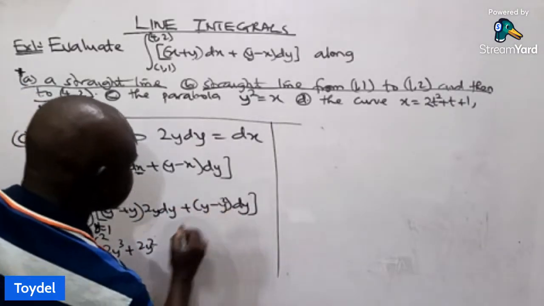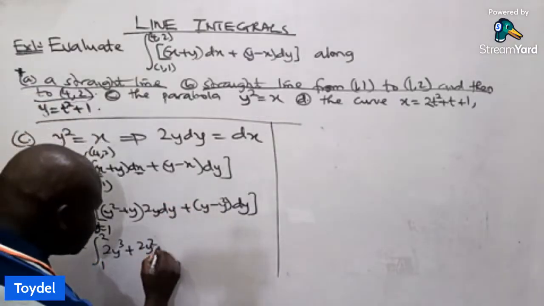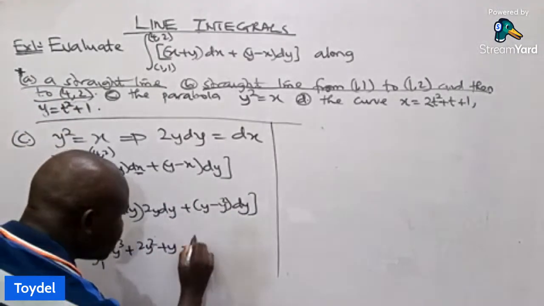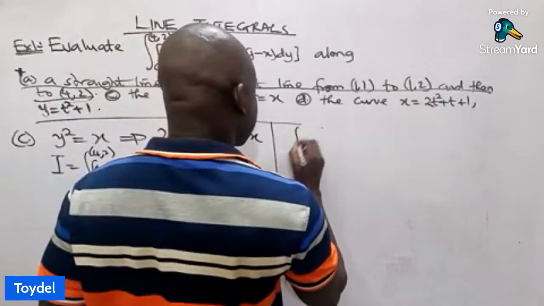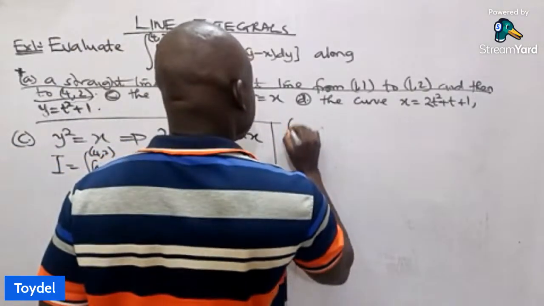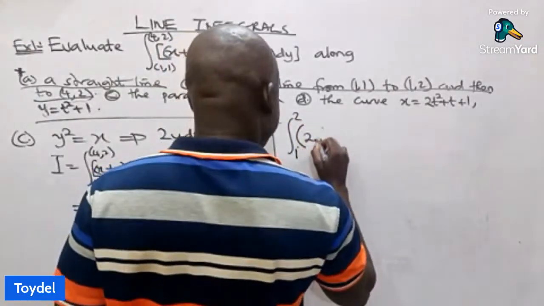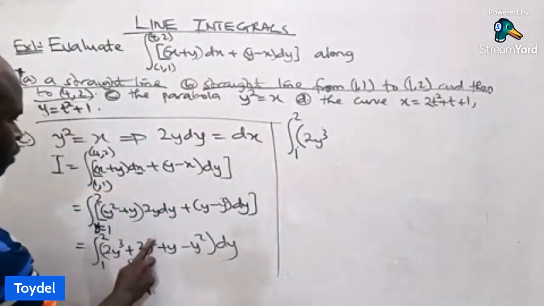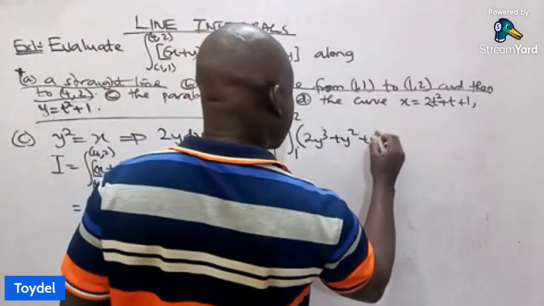Since this is the y dy, I can bring everything here: plus y minus y squared, everything in a bracket, dy. Then we can collect the like terms: the integral from 1 to 2 of (2y cubed plus 2y squared minus y squared plus y) dy, that is, 2y cubed plus y squared plus y.